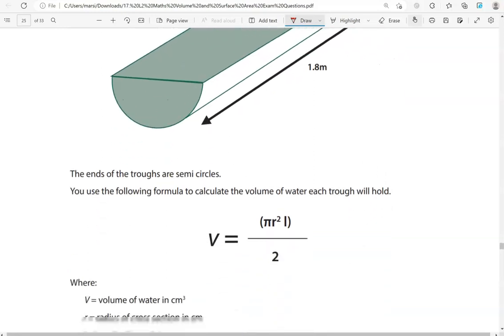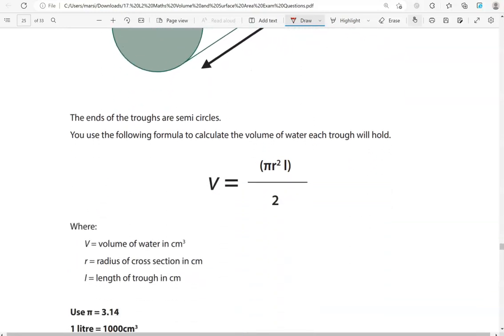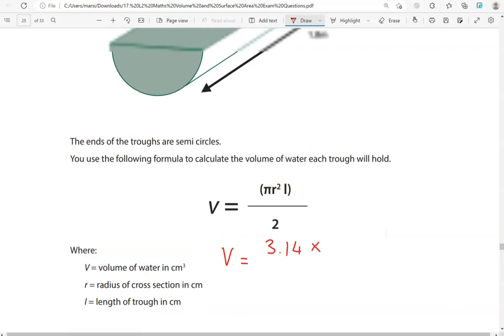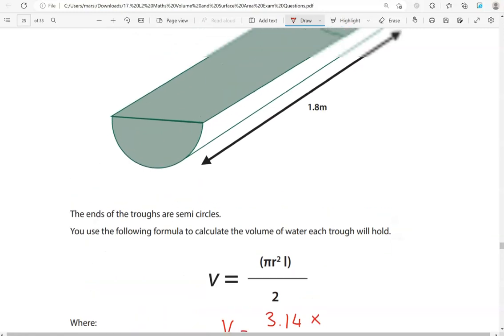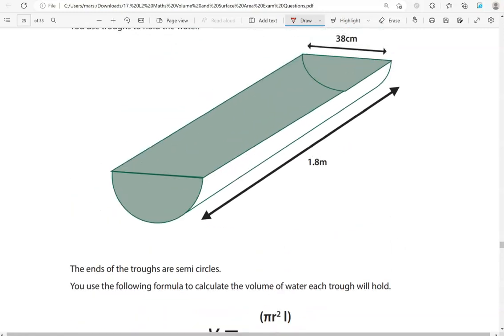So we've got the formula given to us. V is equal to pi, which is 3.14, times the radius squared. So what is the radius? The diameter is 38 centimeters, so the radius is half of that, which is going to be 19.